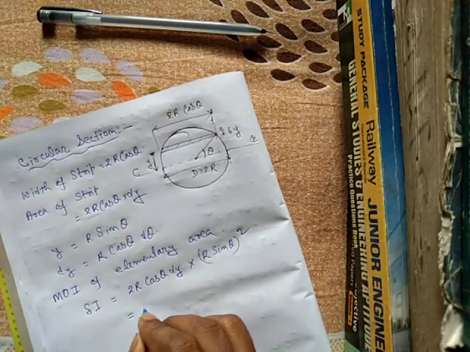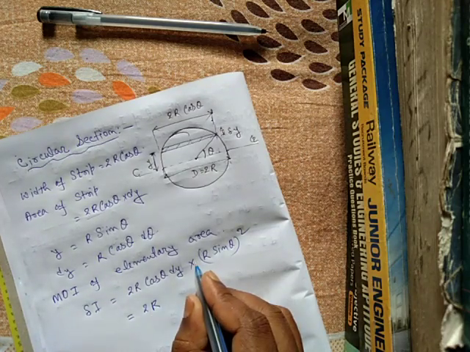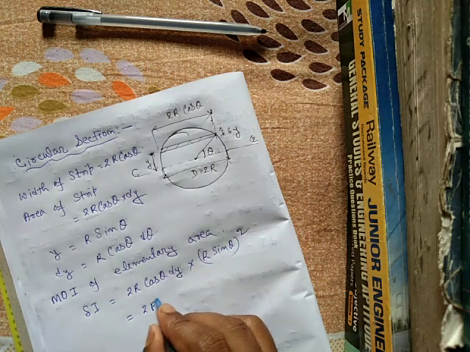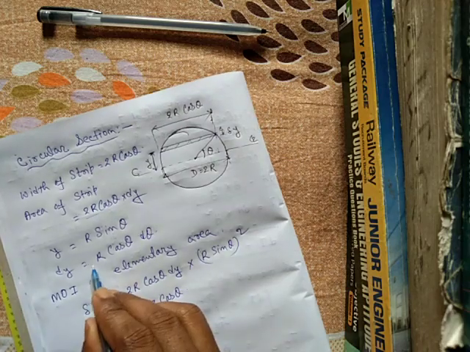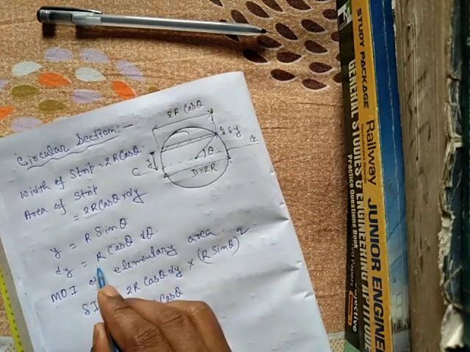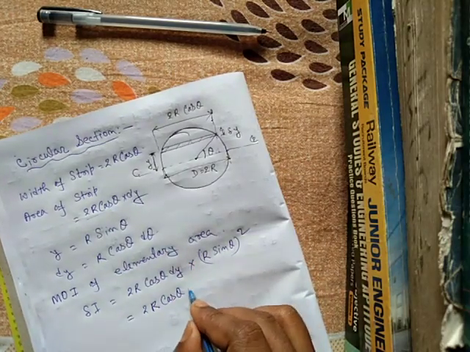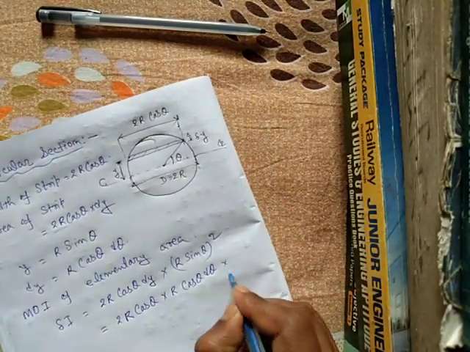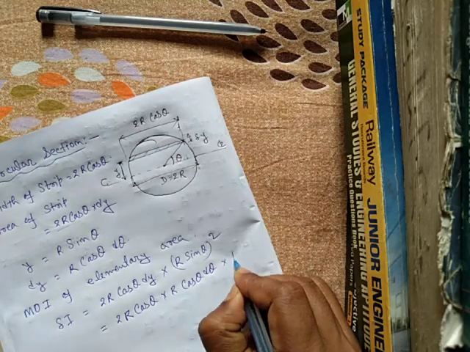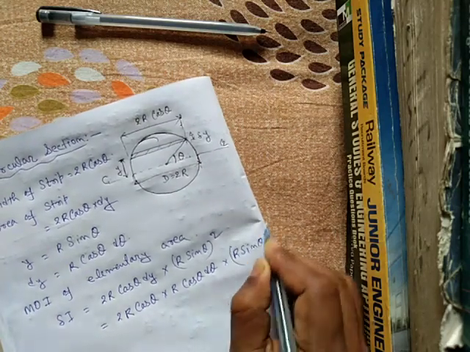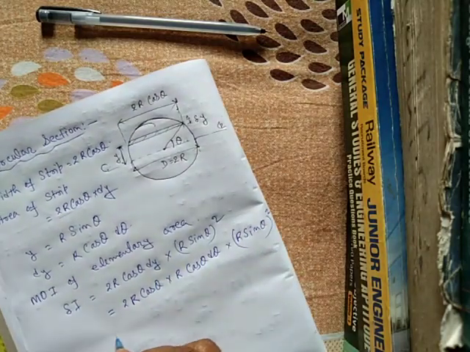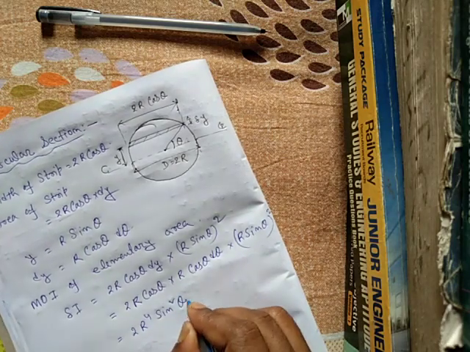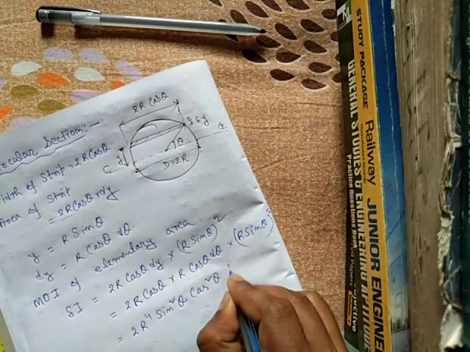If I simplify it, 2 r squared cos theta into dy, and put dy equals r cos theta d theta, into r cos theta d theta into r sin theta whole squared. Simplifying, 2 r to the power 4 sin squared theta into cos squared theta d theta.